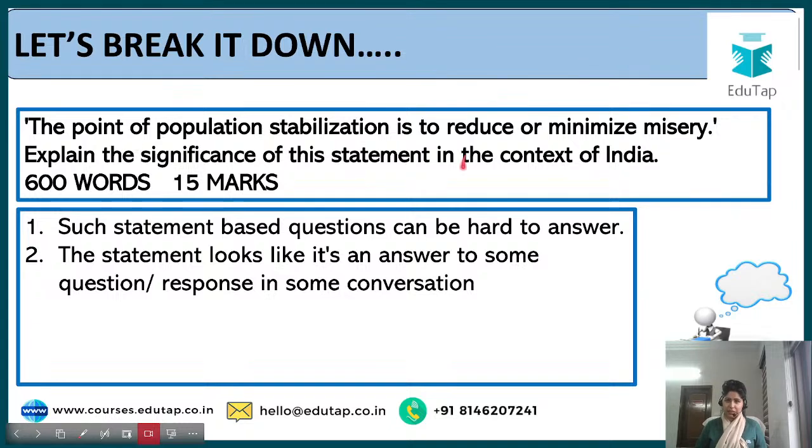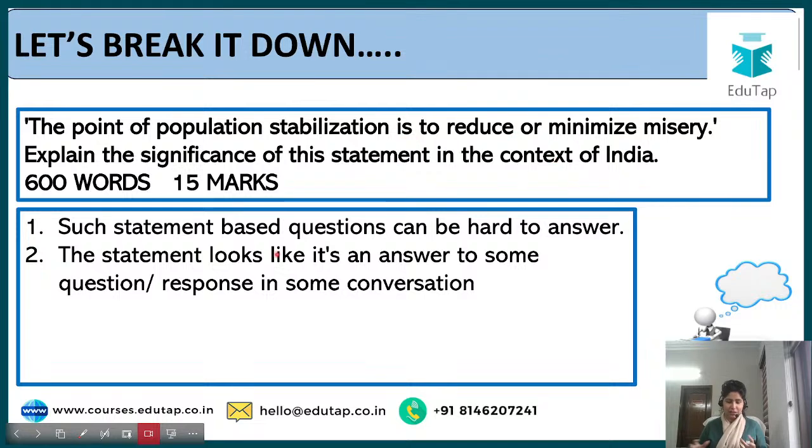In such statements, first of all, try to figure out what conversation is going on, or what could have been the question preceding this particular statement. If I ask you, why is population stabilization required in any country? Your answer would probably be this statement: the point of population stabilization is to reduce or minimize misery.